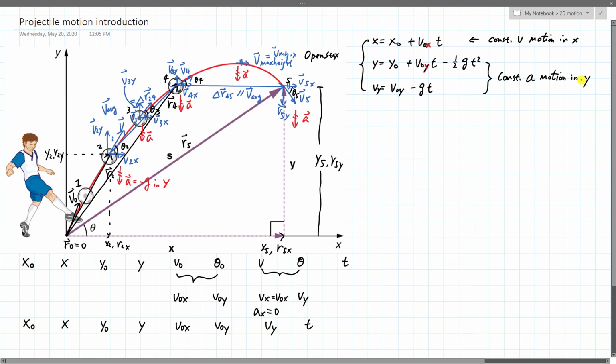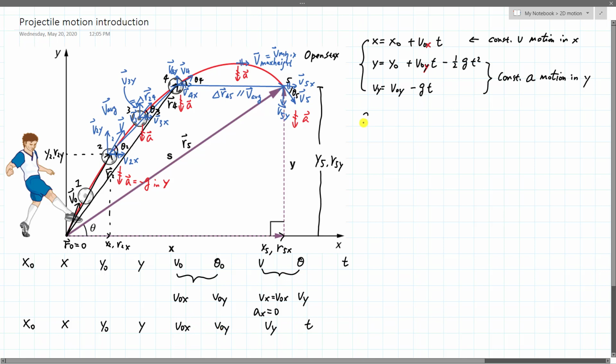We have 3 equations, and x follows this, y follows this, and velocity y follows this. So a lot of times we were given initial conditions like these. We knew how fast we were kicking the ball and at what angle we kicked the ball. So we didn't really know this, and we have to do some decompositions.